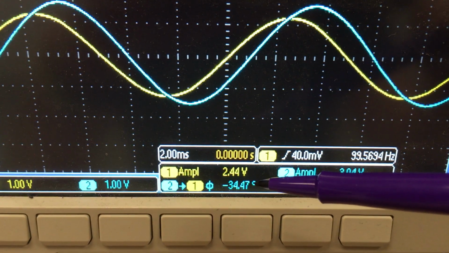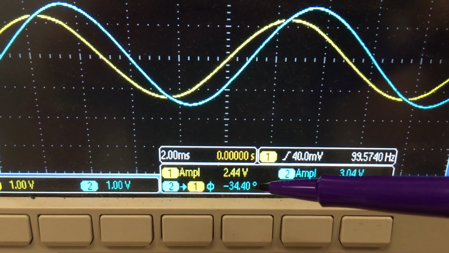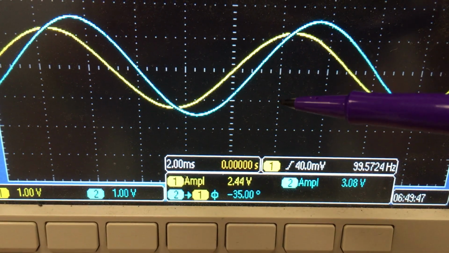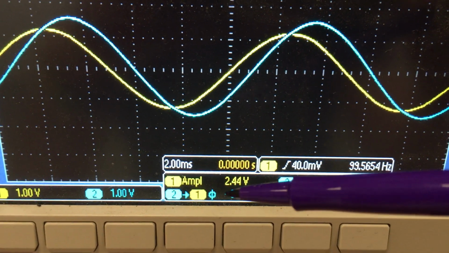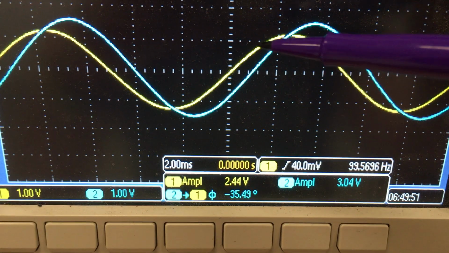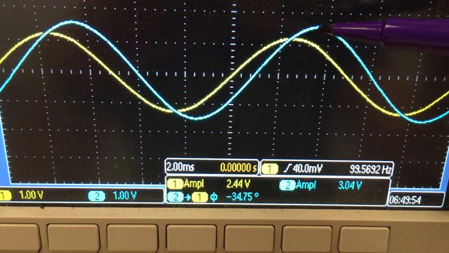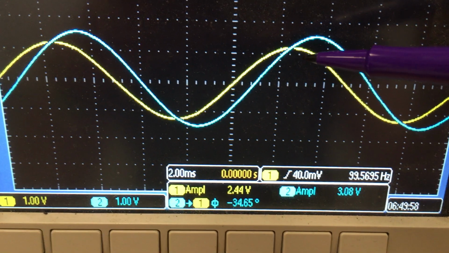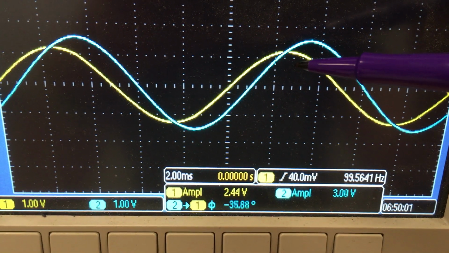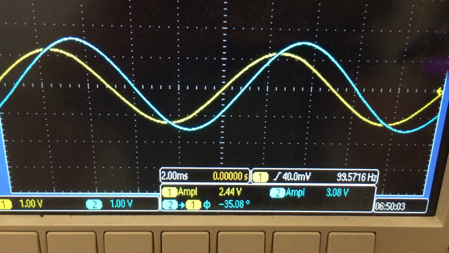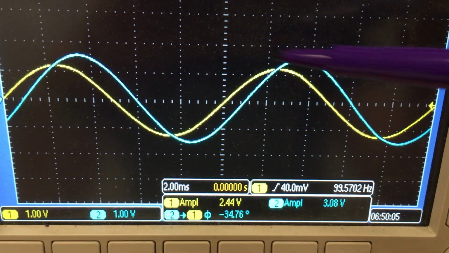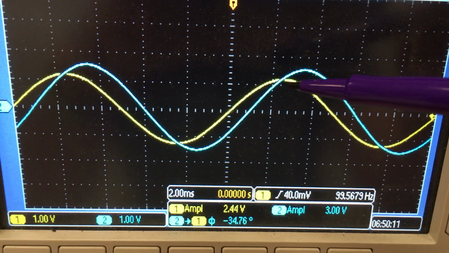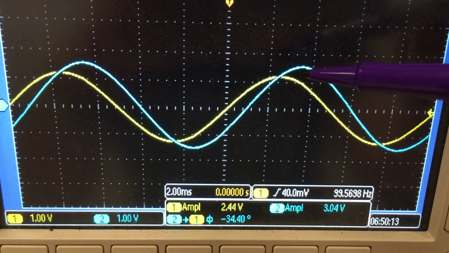If you've ever had circuits before, you might have an idea of why that is, but just briefly, we're looking at sine waves here, so representing the offset in time between how one reaches its peak and another reaches its peak makes sense to put it in terms of degrees, because you're looking at two sine waves, right? And the sine wave has a period of 360 degrees, and so if you're shifted by a certain number of degrees, then you know you're reaching your peak before or after another sine wave in comparison.